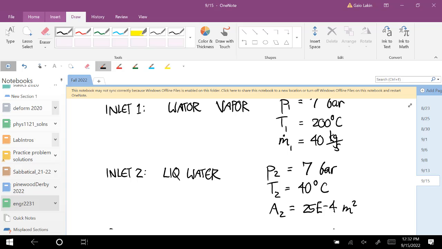We're not given the specific volume, but are we given enough properties that we can look it up in a table? This is just water. It's compressed liquid water. So we need 2 properties to look it up, and we have pressure and temperature, okay? And so we can express everything but the speed, and then hopefully we'll be able to use the mass rate balance equation to calculate the speed.